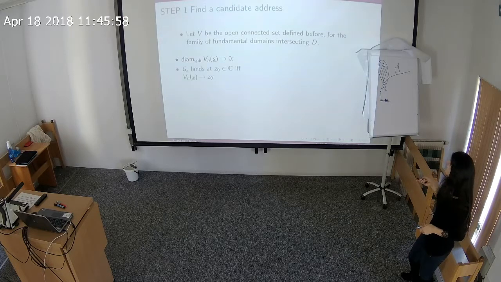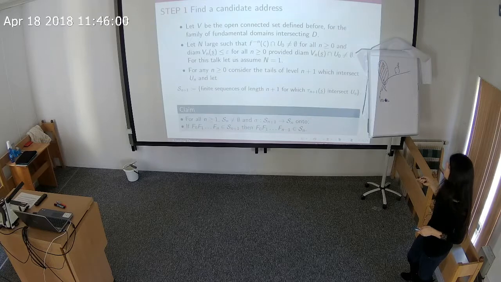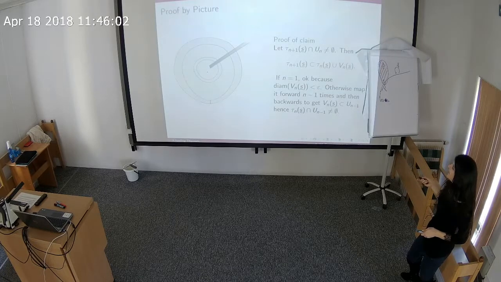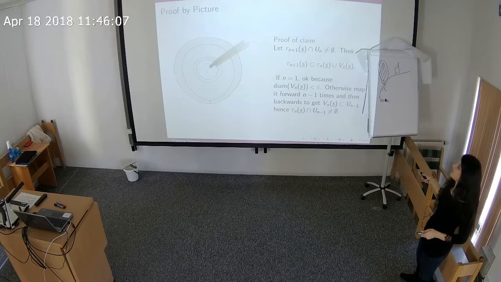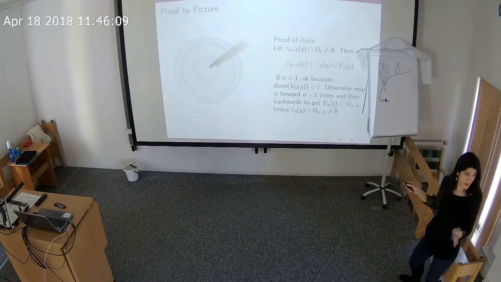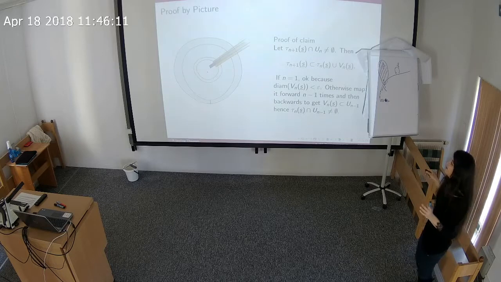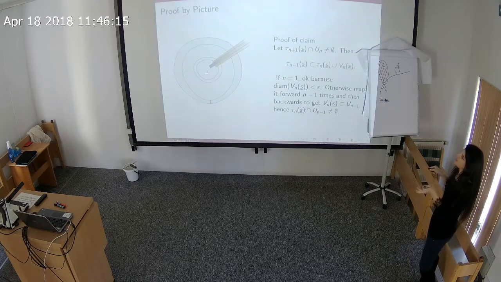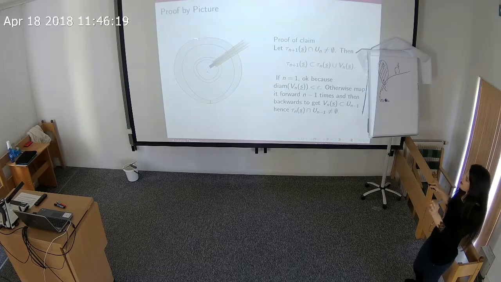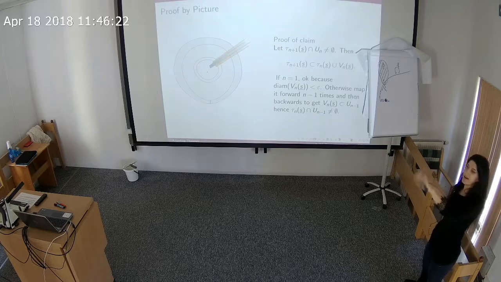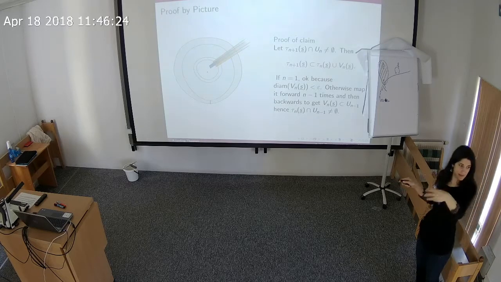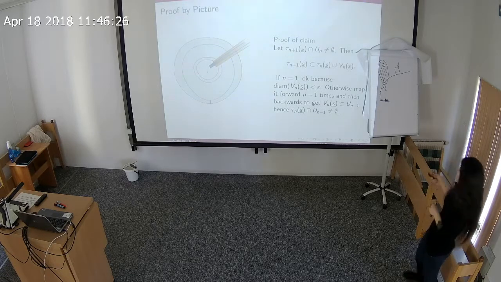And this is too technical, but here is kind of the idea of what you do. You can't work with the rays, you need to work with approximations of the rays. So you find more or less a certain number of approximations of rays which intersect the neighborhood you choose, and you choose them so wisely that you get a finite number of finite sequences that will form building blocks of your address.